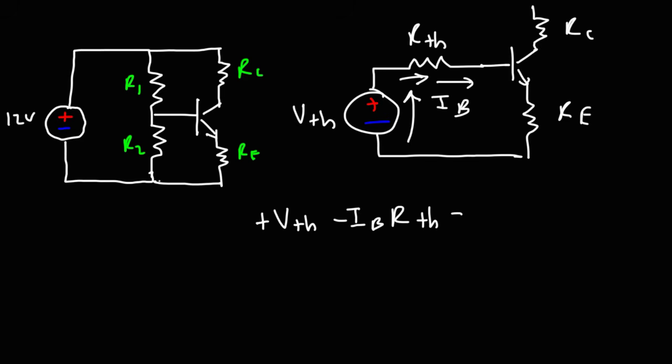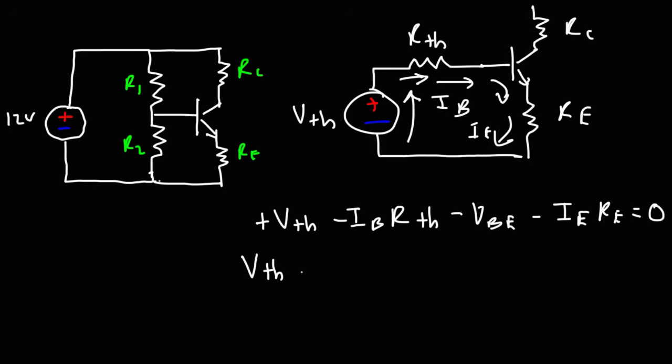The resistor consumes energy in the circuit, so it's going to be a voltage drop. The transistor also consumes energy, so we're going to have a voltage drop of VBE, and the resistor consumes energy as well. And so we have IE flowing through RE, so it's going to be minus IE times RE. And according to Kirchhoff's voltage law, the sum of the voltage drops will be 0.